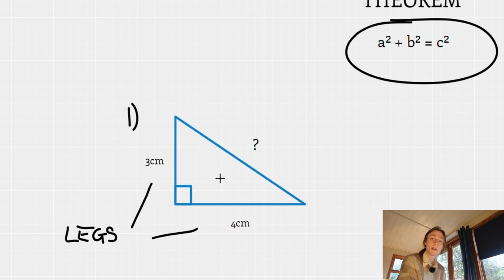I could say 3 centimeters is A and 4 centimeters is B, or I could put 3 centimeters as B and 4 centimeters A. All that matters is that it is consistent, it is the same as you go through the equation and the question.